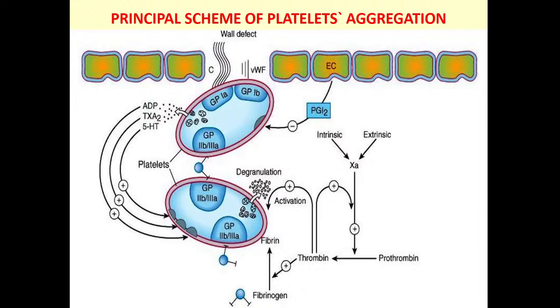Thus, the possible mechanisms of action of antiplatelet agents are the following. First, blockade of GP2B3A receptors. Second, blockade of receptors for adenosine.